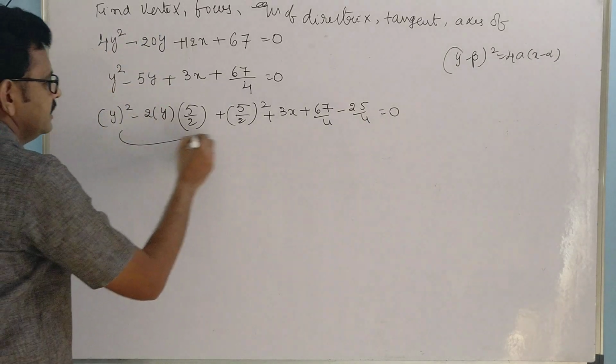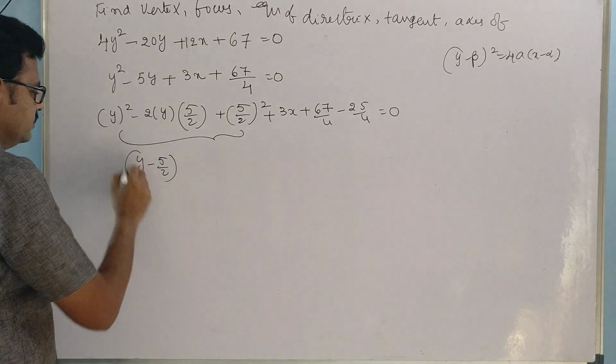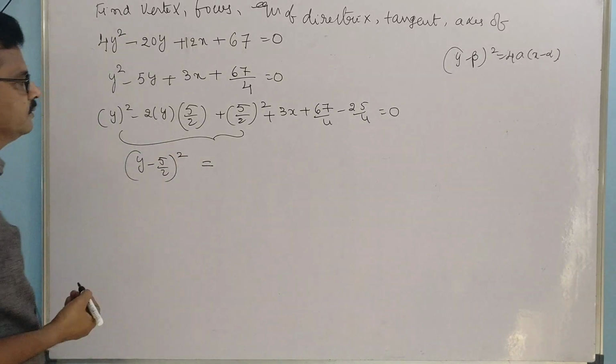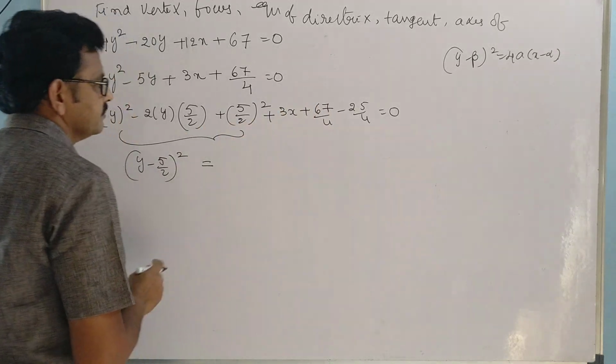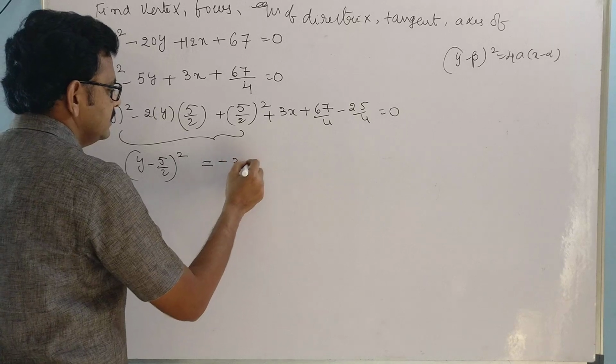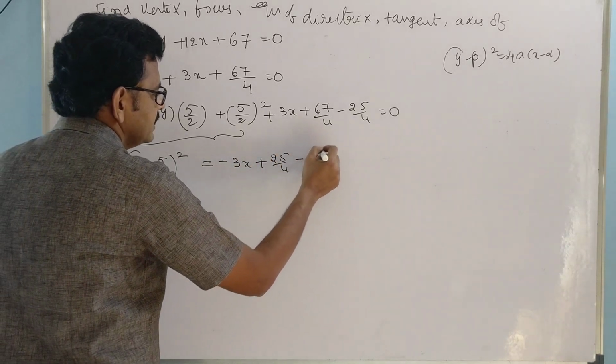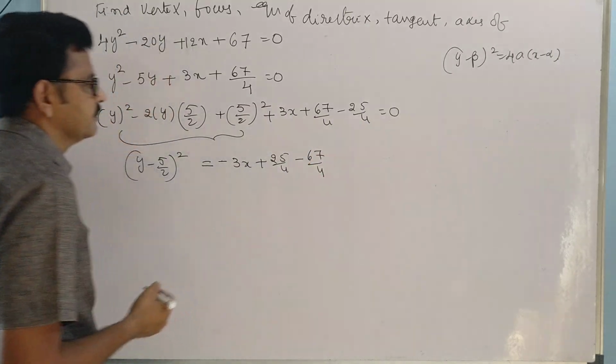Now this part is (y minus 5 by 2) whole square is equal to, write that on the other side. So this is minus 3x plus 25 by 4 minus 67 by 4.